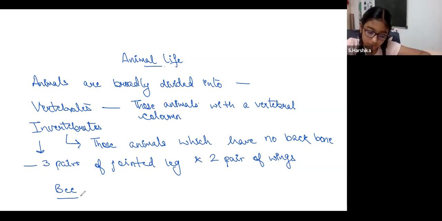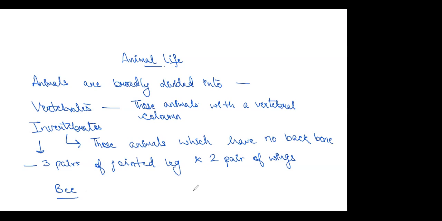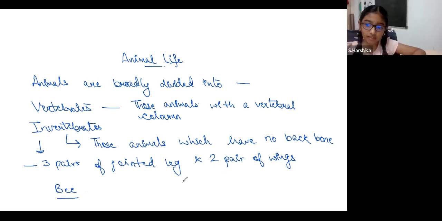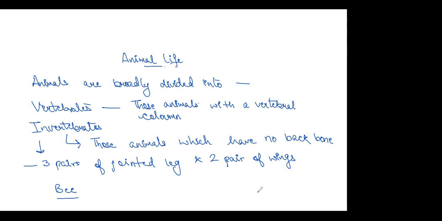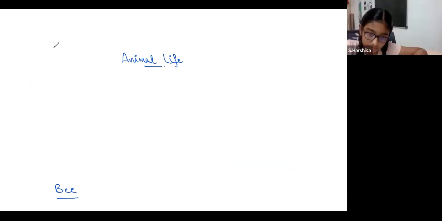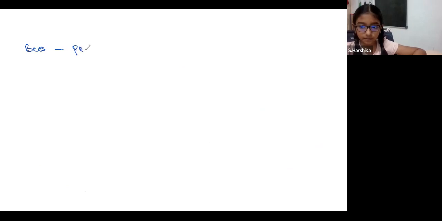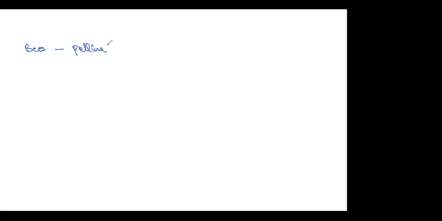And they have wings. Yes, 4 wings they will have. So they are known as insects or invertebrates. For example, I have given you bees, and bees are also pollinators, right?